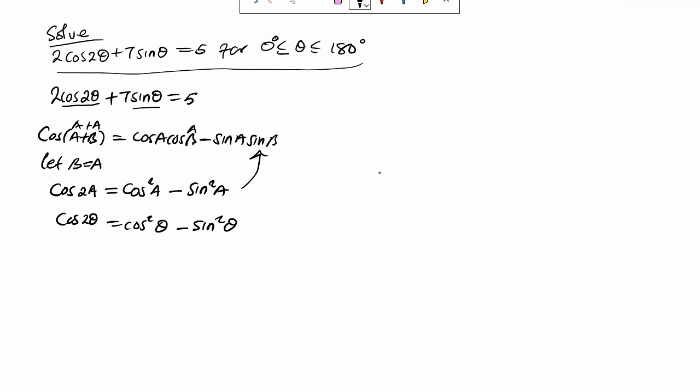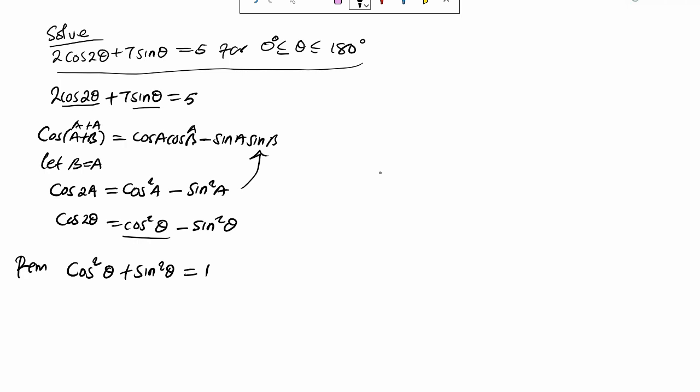Right? Now I want to write it in another way, because here I still see cos squared theta. So if we can remember the trigonometric identity, which states that cos squared theta plus sine squared theta equals 1.